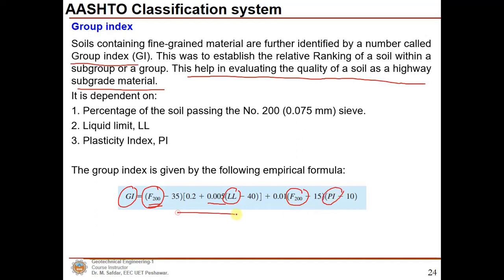The first term is dependent upon the percent passing number 200 sieve and liquid limit, and the second term is dependent upon the percent passing number 200 sieve and the plasticity index.